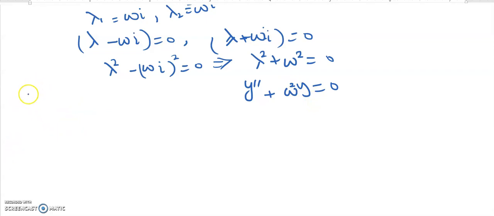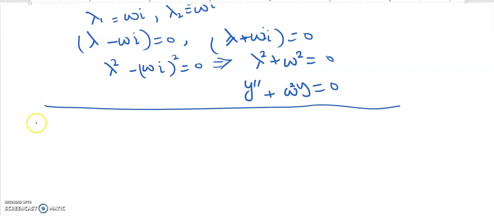Let's take another example. Suppose these two solutions are y1 is equal to c1 e power x and y2 is equal to c2 x e power x. So c1 and c2 are constants.